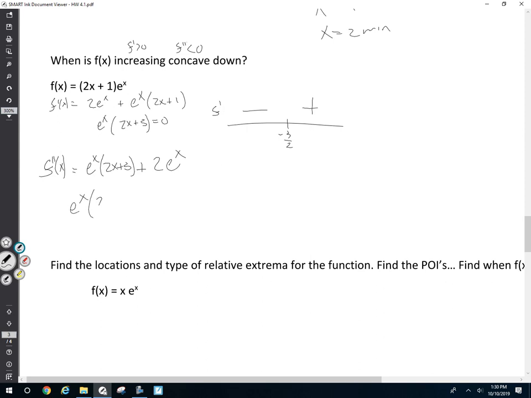Simplify. It's 2x plus 5. My friends, negative 5 halves, which is a little bit to the left of negative 3 halves, is the second derivative sign that I have to worry about. This is sloppy. Better than this.